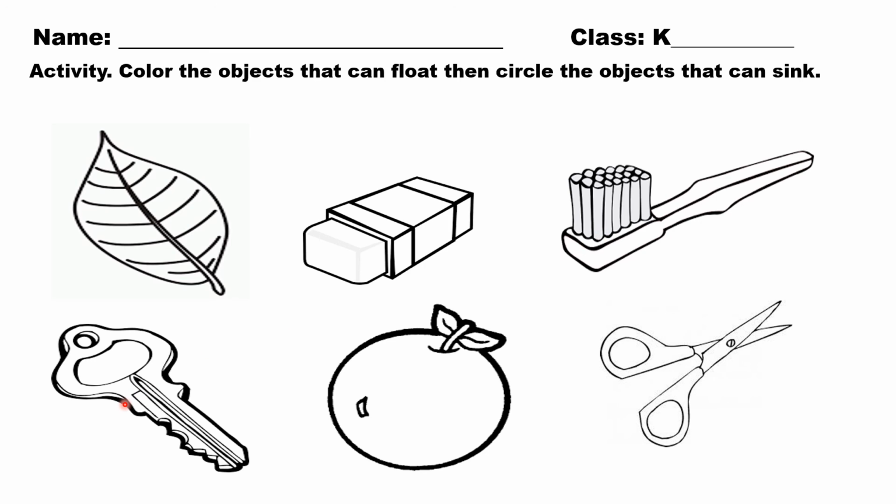Number 4, key. Number 5, orange. And number 6, scissors. Okay? And when you're finished, please submit your papers to Teacher Donna, and I will be the one to check them. Alright?